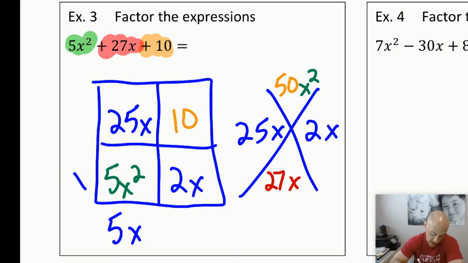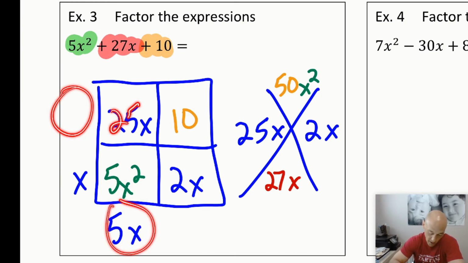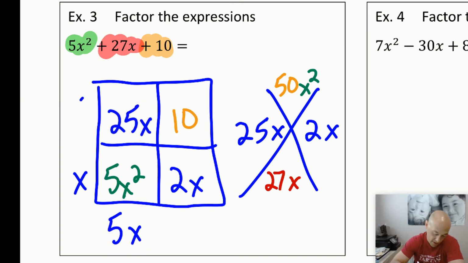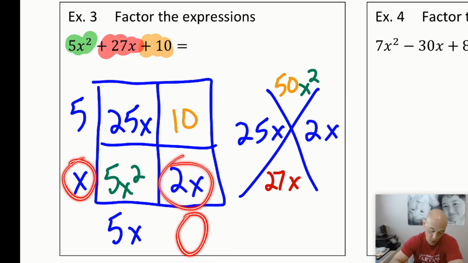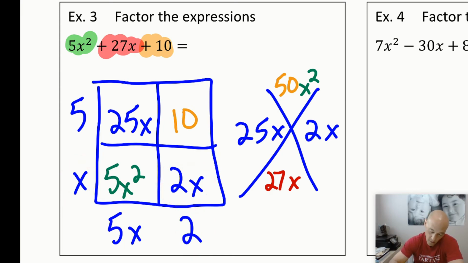Well, 5x times x is 5x squared. 5x times what is 25x? Well, 5x times 5 is 25x. And x times what is 2x? x times 2, and we can check: 2 times 5 is 10. Great, that's good news. So we can rewrite the original expression as the quantity x plus 5 times the quantity 5x plus 2.